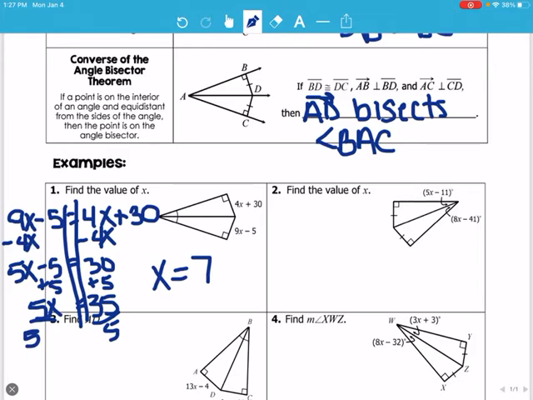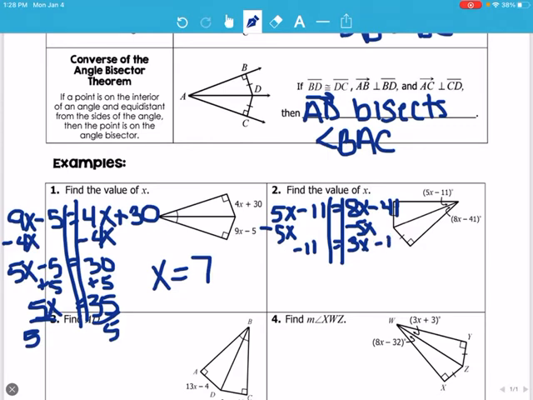Works the same way if it's the two little bitty angles. So 5x minus 11 is equal to 8x minus 41. Subtract 5x. Add 41 over.